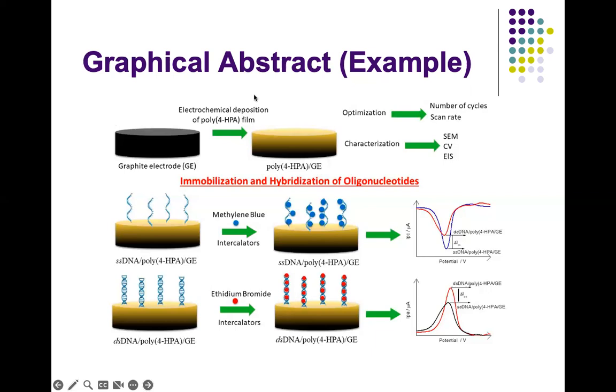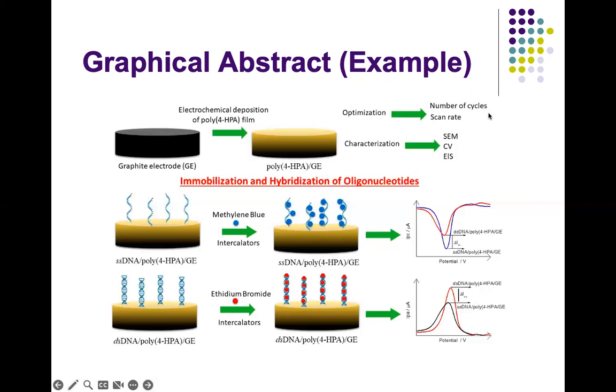So I can scientifically explain the process. And to characterize the embedded polymer, there are certain optimizations that will be carried out. These are called electrochemical parameters.